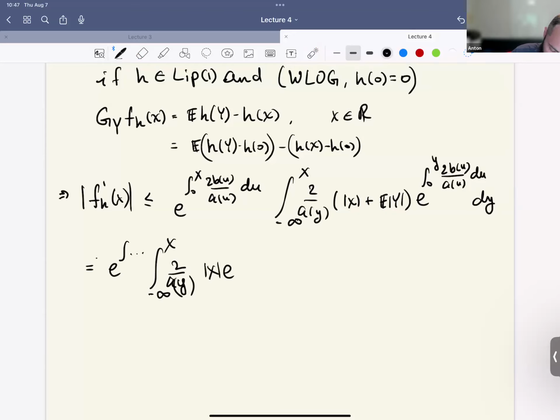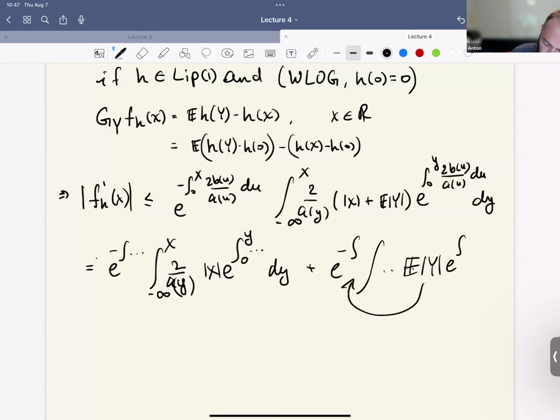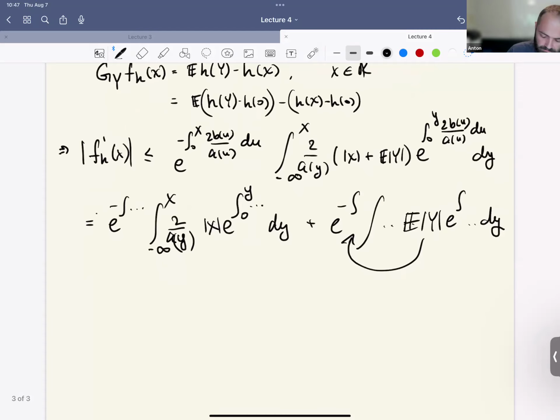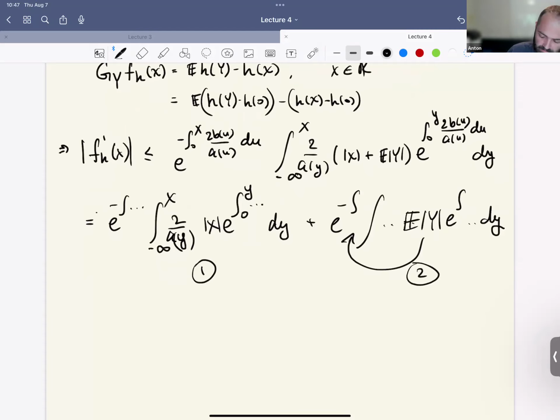Absolute value of x, e to negative, sorry about this, some typos. dy plus e to the negative integral, absolute value of y, which we can pull outside of the integral, roughly speaking. Okay, so this is term number one, and this is term number two.